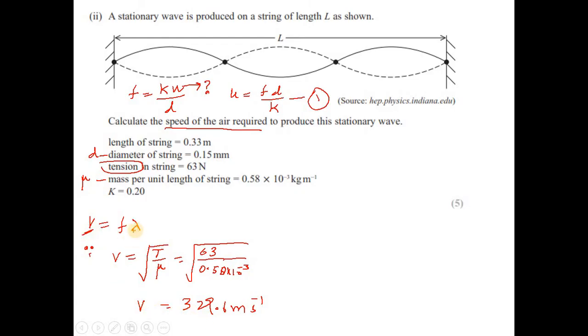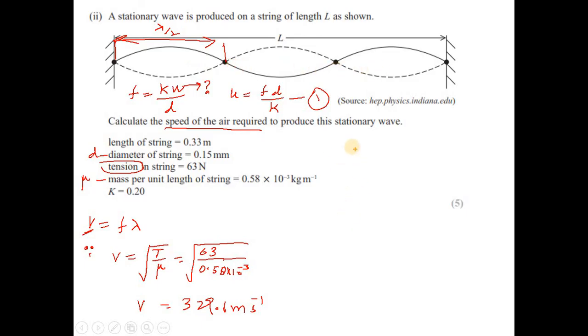So we need to figure out lambda, so we can work out the frequency. Now if you see the diagram, from this node till this node, this length is lambda by 2, half of the wavelength. And how many such loops are there? There are 3 loops.